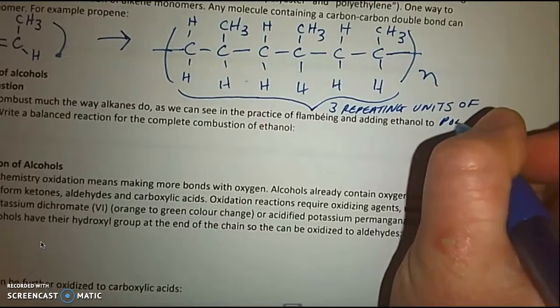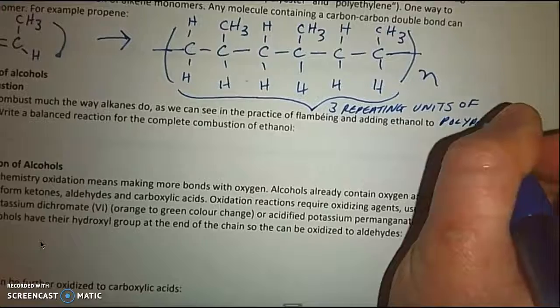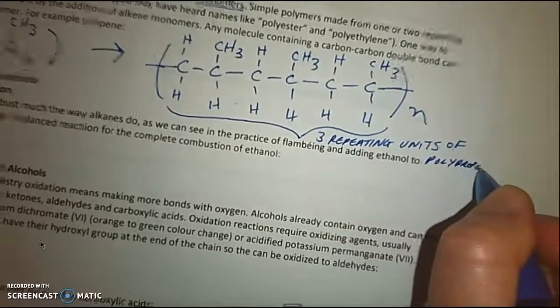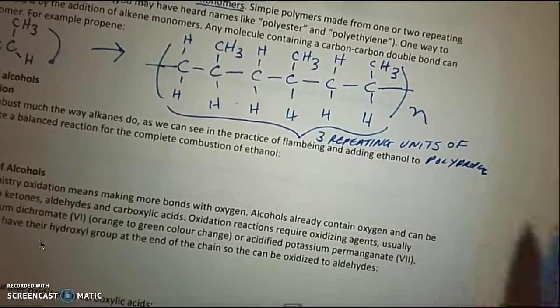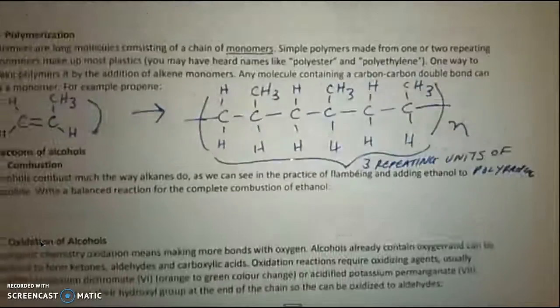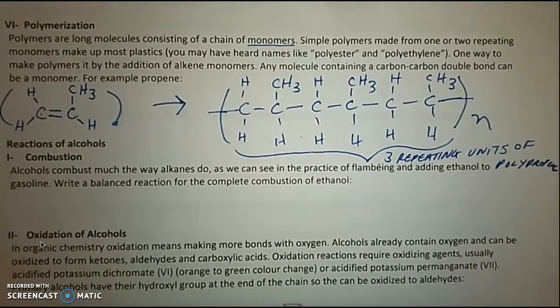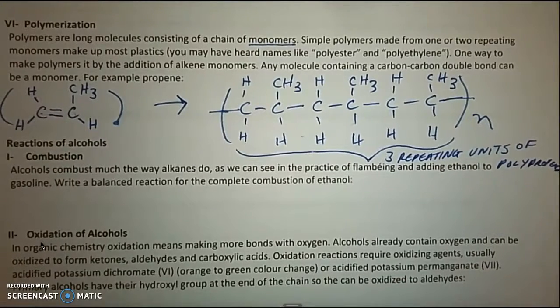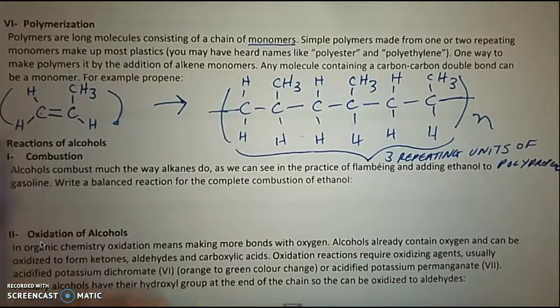I'm going to write that in, polypropene. Or polypropylene is another way you might hear it referred to. So that's a polymerization reaction of a very simple monomer unit, much simpler than the amino acids that you've drawn peptide chains with before.